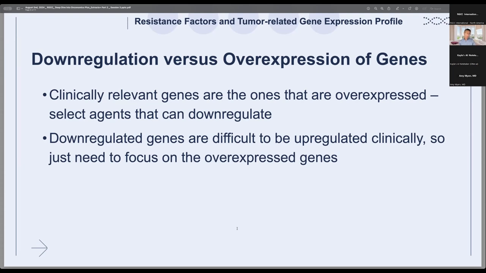It can change as genes are always mutating and changing, and so you need to make sure that your test results are accurate. Now, you can't downregulate all the genes, but as many as you can will make your therapy outcome much more favorable.